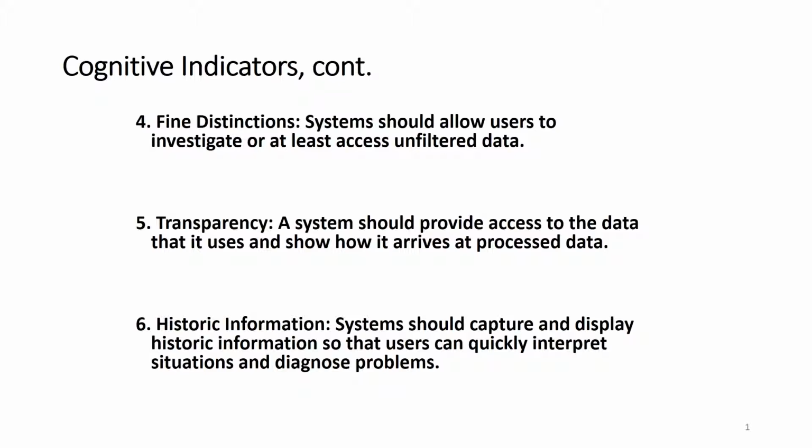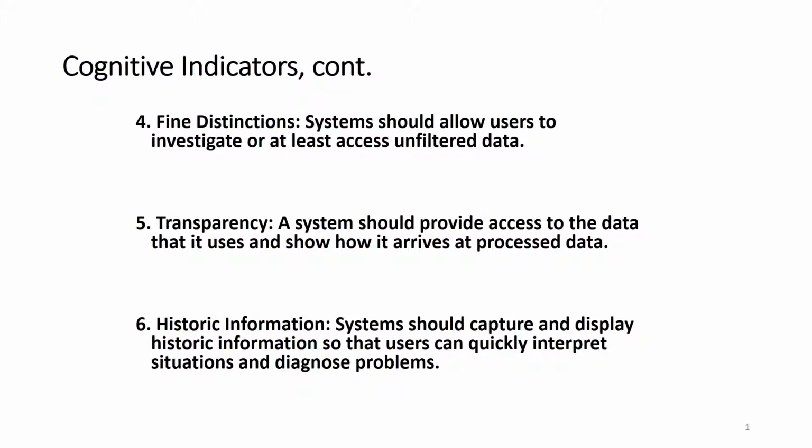So what I mean by unfiltered data. Systems oftentimes are pulling in information, processing that information, and presenting it to the operator, often as processed data that's already been analyzed and assessed. Decision support tools often do this, right? They'll take in information from the environment, make a decision, and present you with their recommendation, which is, in a way, processed data.